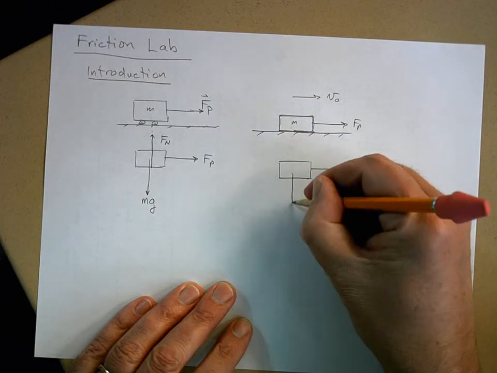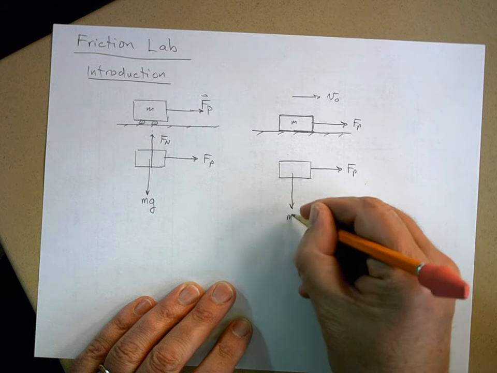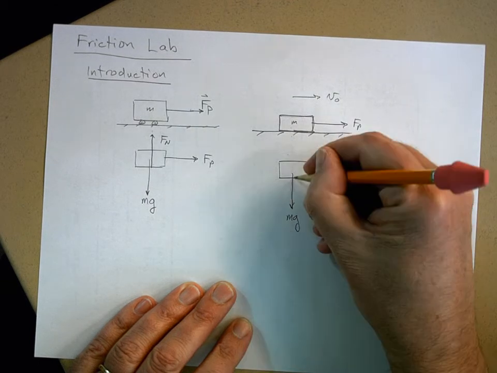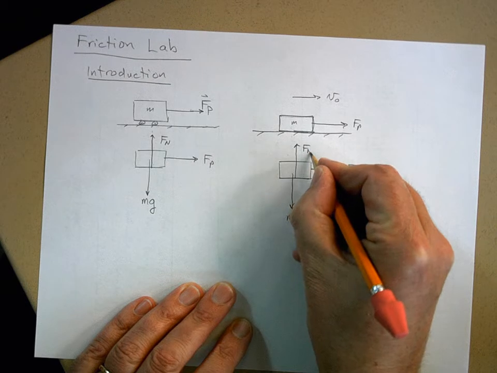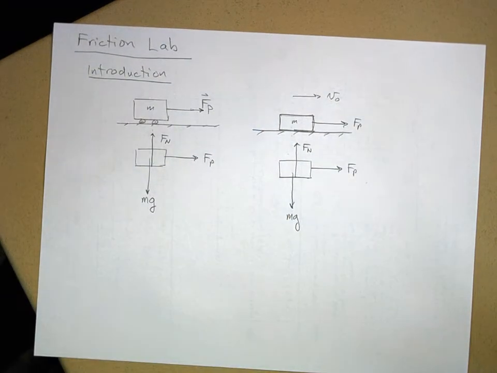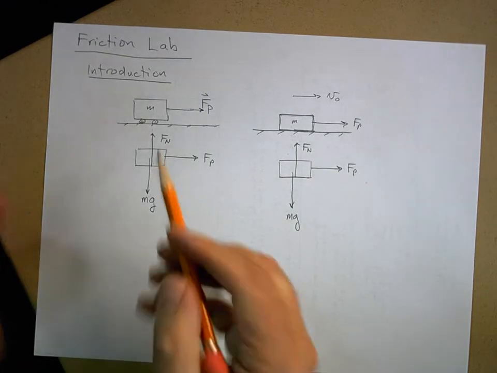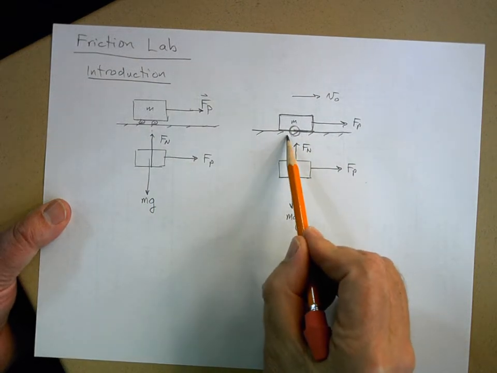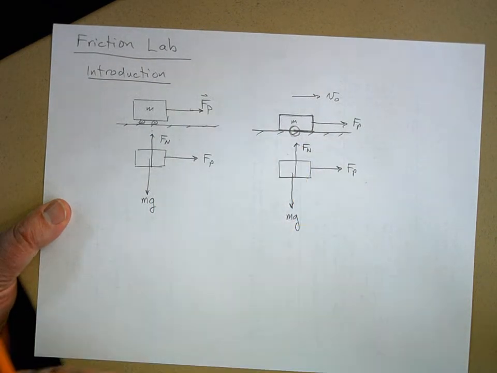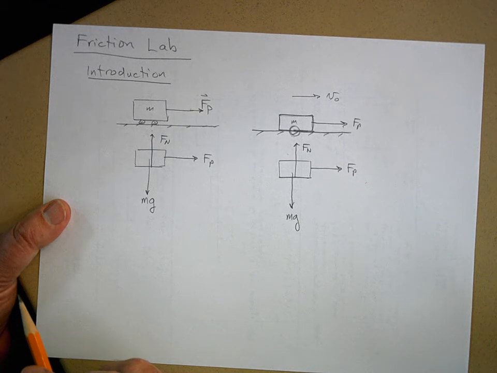I'd have the same weight. The floor is still supporting that weight with the normal force. But now we've got a new interaction between the two surfaces right here. And that interaction we're going to call friction.